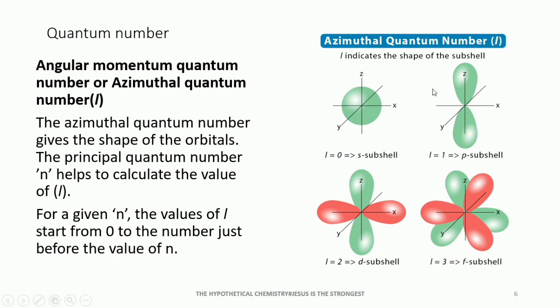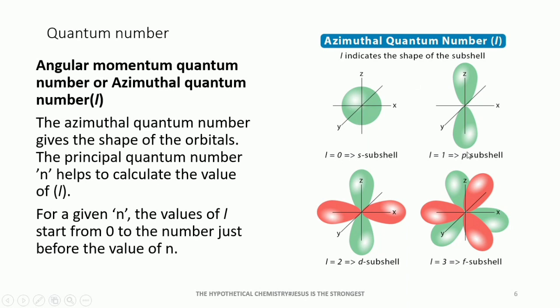So now we have the shape of the s orbital here. We have the shape of the p orbital. We have the shape of the d orbital, and we have the shape of the f orbital here. Now we can all see that the s orbital or s subshell is spherical in shape, like a circle.